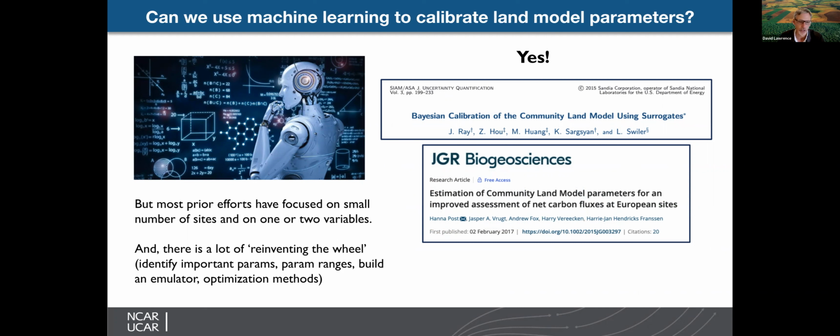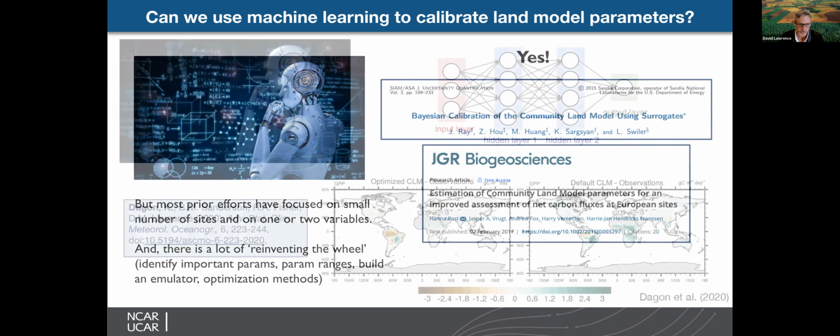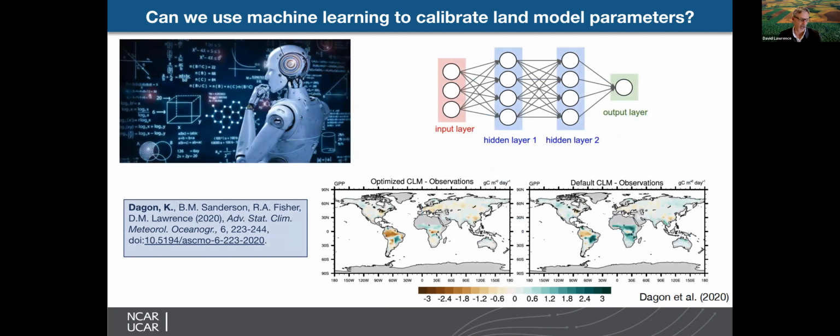So they went through the whole scope of identifying important parameters, building infrastructure to run ensembles of simulations, making the parameters accessible, building an emulator optimization. There's not a lot of indication that there's any sort of unification of processes. So the answer is yes.